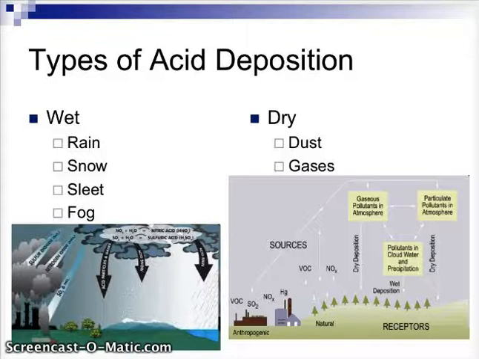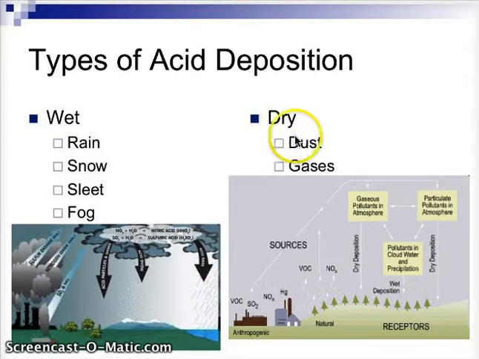First, there are two types of acid deposition that exist. There's wet deposition, which can consist of things that fall from the sky: rain, snow, sleet, hail, fog, things like this. Even though fog isn't typically falling from the sky and is more on the ground level, it can contain some of these components that would make it acidic, having a pH of less than 7.